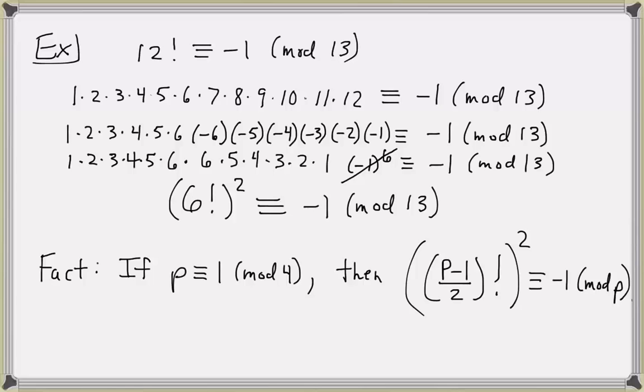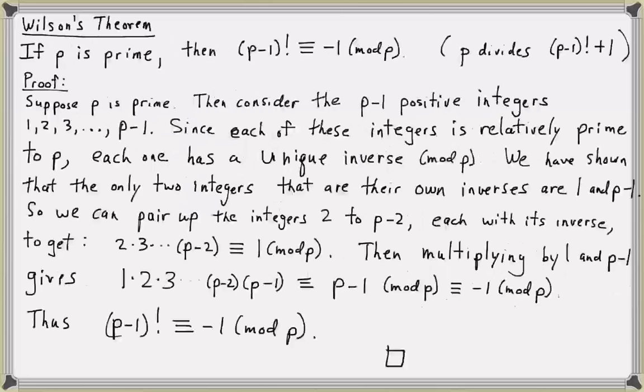So now I'm going to actually prove the converse of Wilson's theorem. So Wilson's theorem says that if p is prime, then p minus 1 factorial is congruent to negative 1 mod p. But now I will show that if you have a positive integer greater than or equal to 2, and it satisfies this congruence, then the modulus must be prime.